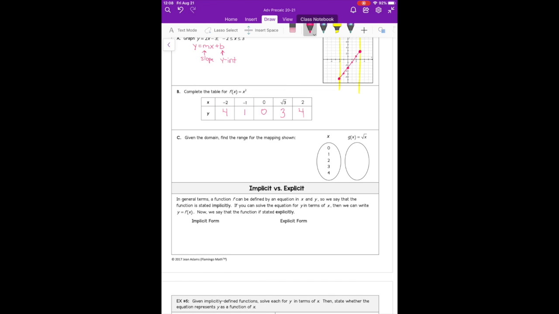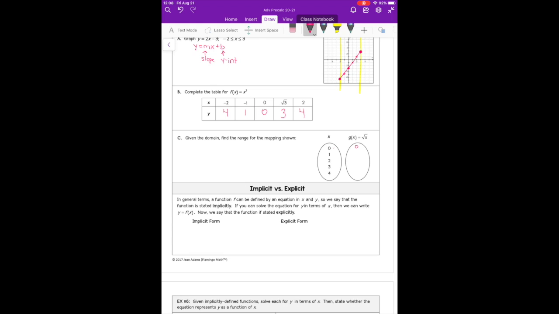So your domain here, you are at specific points, -2, -1, 0, square root of 3, and 2 as your X values. So what are your Y values there? What if I wanted you to map them? All you're doing is telling me the output. Square root of 0 is 0. Okay.